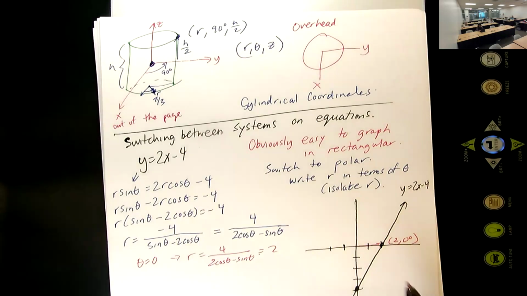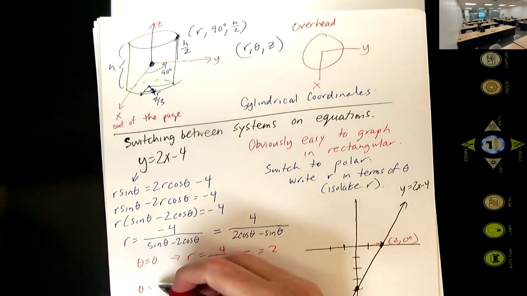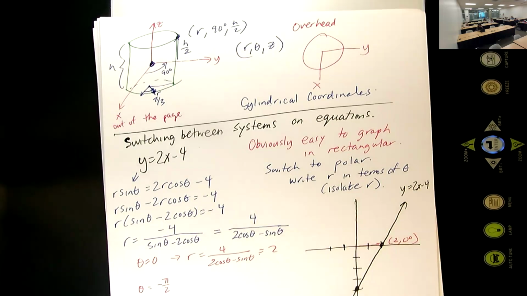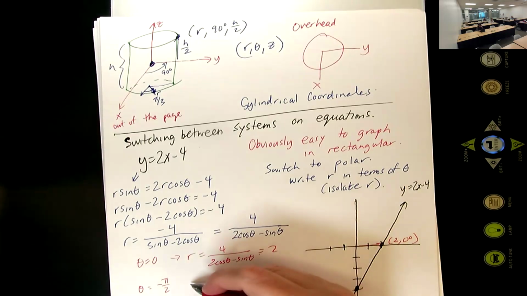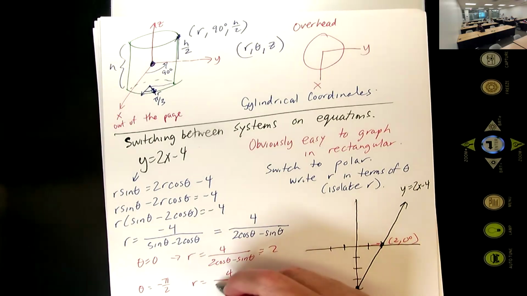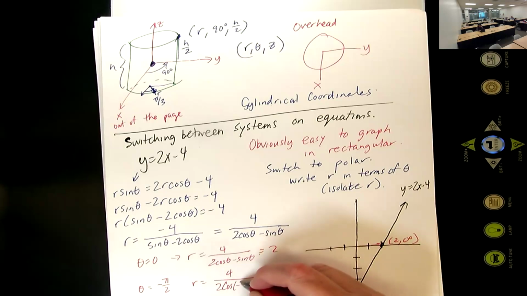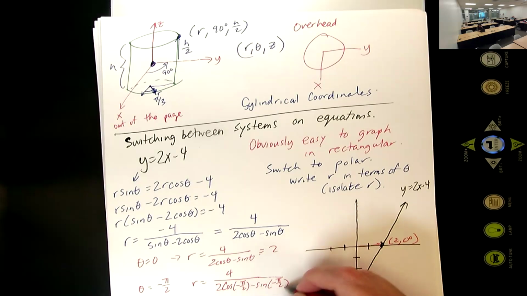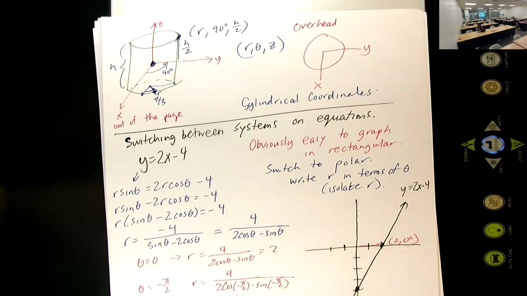Let's do theta equals negative pi over 2. R equals 4 over 2 cosine negative pi over 2 minus sine of negative pi over 2. That's 0.